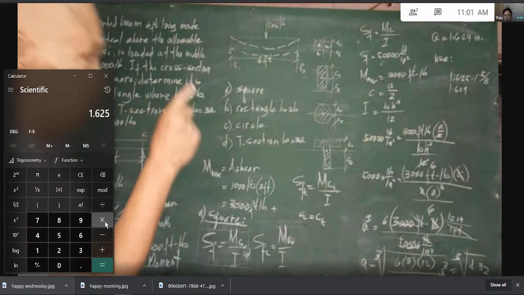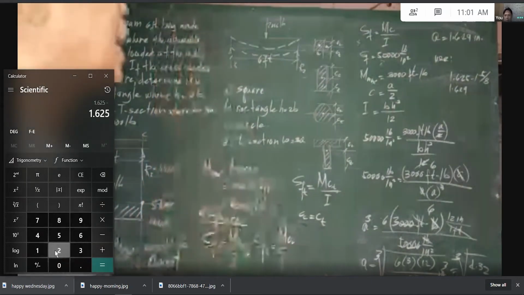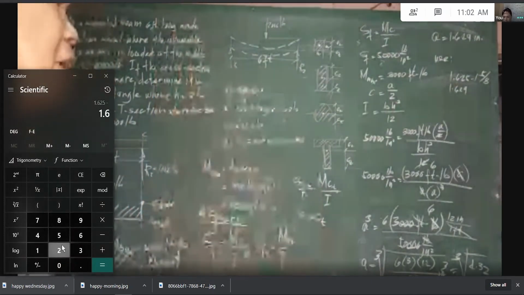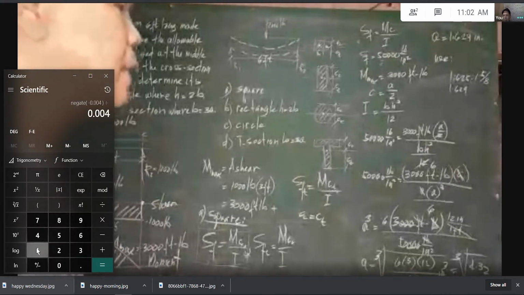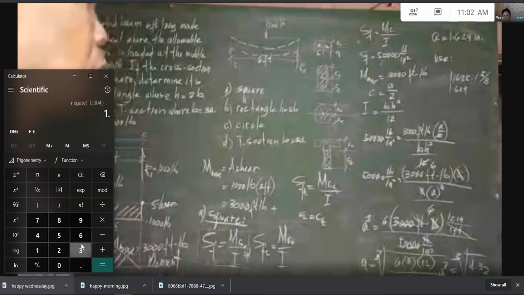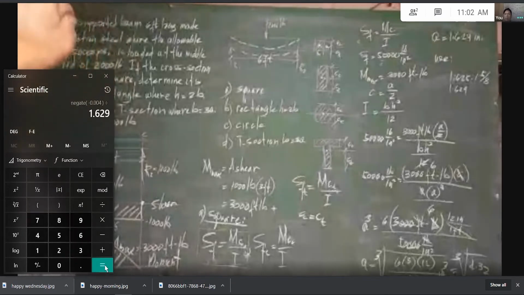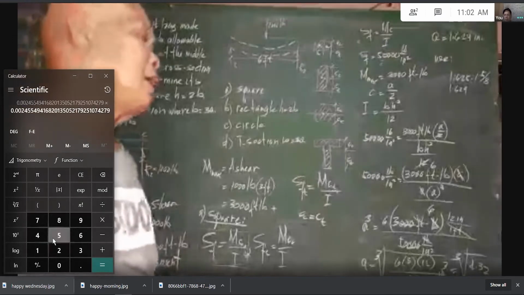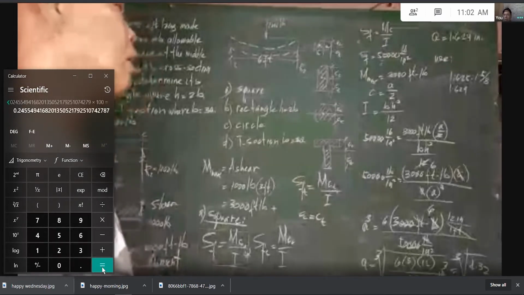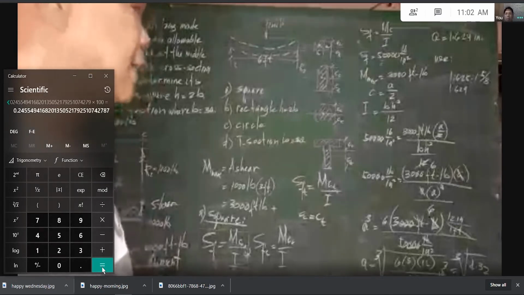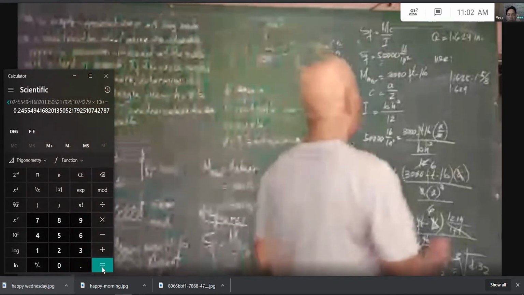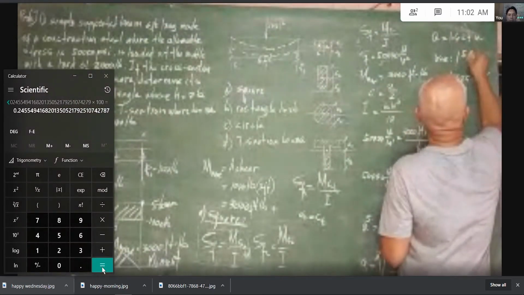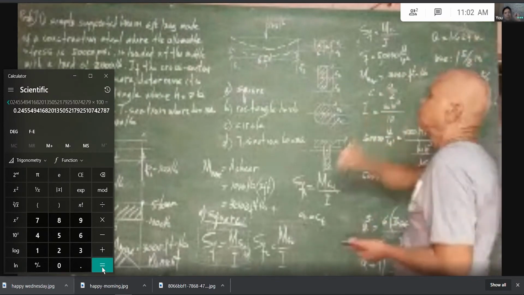So we simply check it in there. 1.629 minus 1.625 will give us a difference of 0.004, divided by 1.629, multiplied by 100%. That will give us much less than 4%. So we can use the lower value. So that is now 1 and 5/8 of an inch.